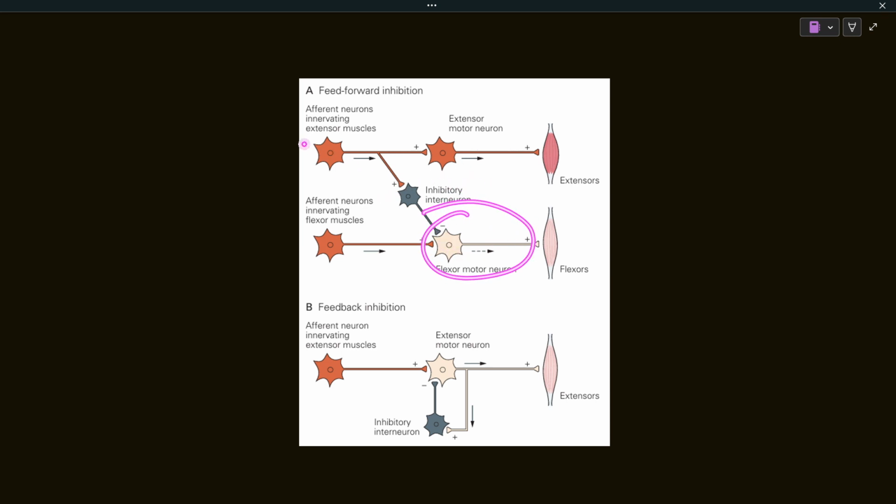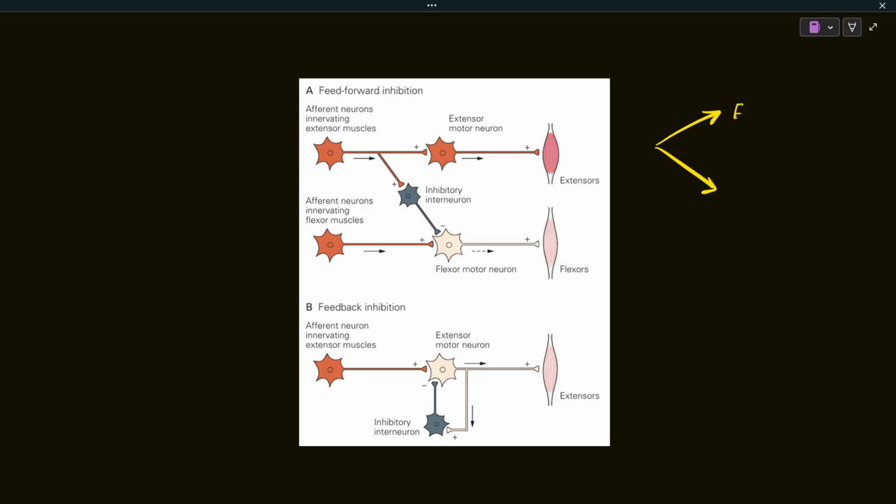Okay, so the information is passed down to the extensor motor neuron to contract, and information is passed down to the inhibitory interneuron to inhibit the flexor muscle. So the two things are happening.